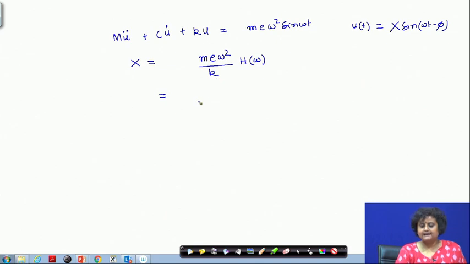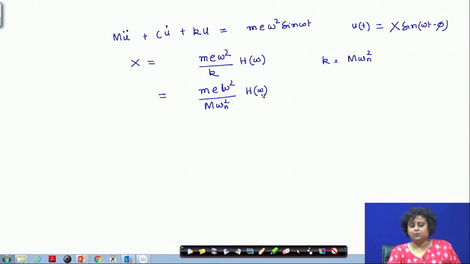Instead of k, I can write k as capital M into omega n square. So, this can be written as m e omega square by capital M omega n square into H(omega).